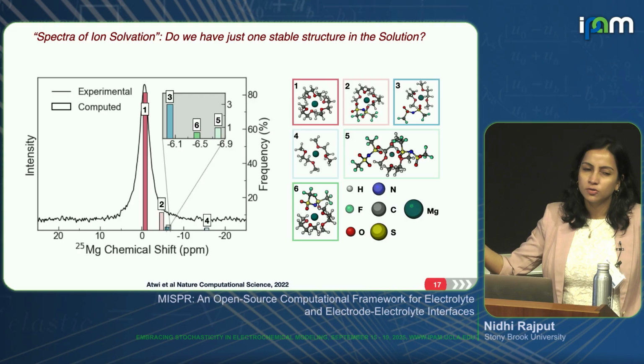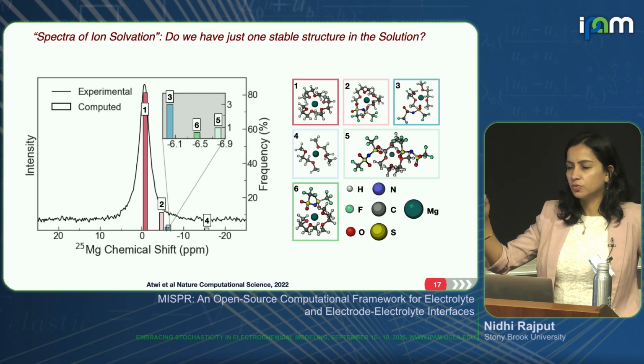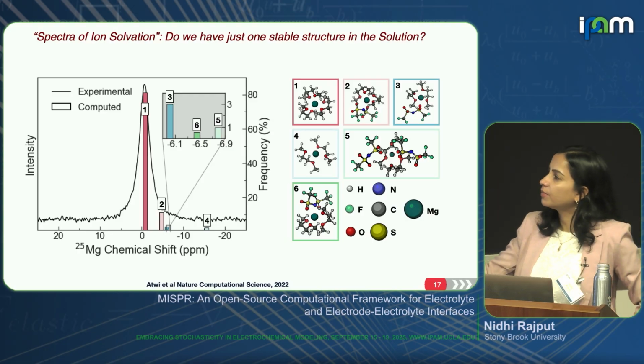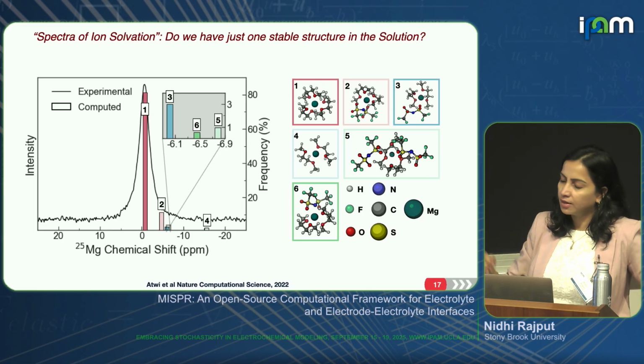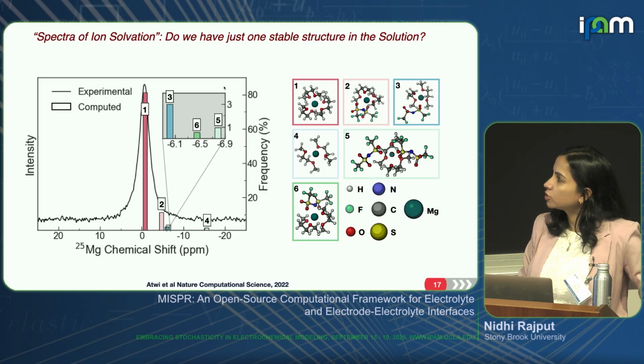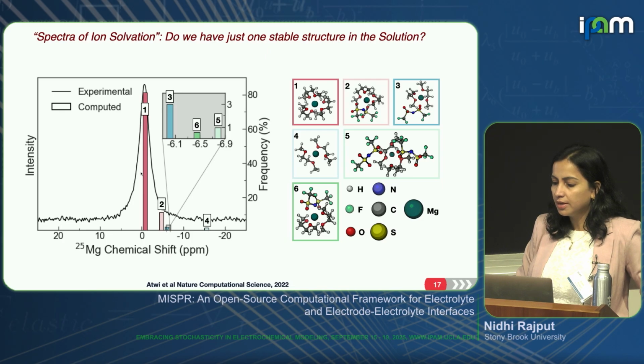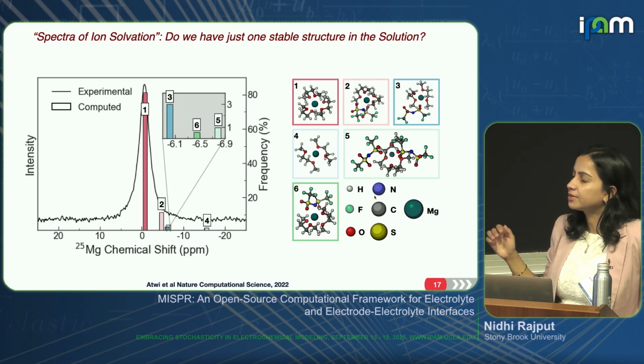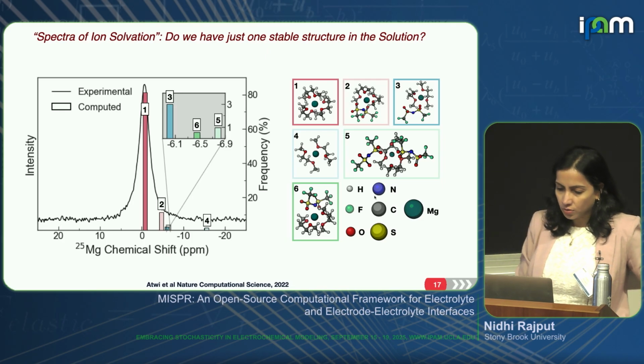But an advantage of the workflow is that, because there's no manual interference or chemical intuition, we are not only focusing on this one structure which matches the center of the spectra, but also the other stable and metastable structures in the solution.